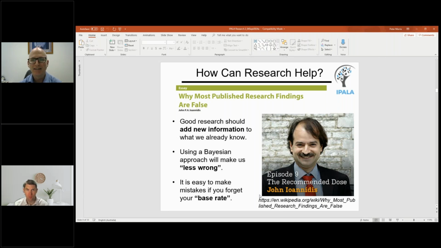And he pointed out the exception to this rule is often the well-designed randomized trial, where the pretest probability, or the probability that the intervention is going to be beneficial, might be 50% before you do the trial. So that's why you do the trial. You're not sure whether it's going to work or not work. And if you want to read more about it, "Why Most Published Research Findings Are False" has got its own Wikipedia page.